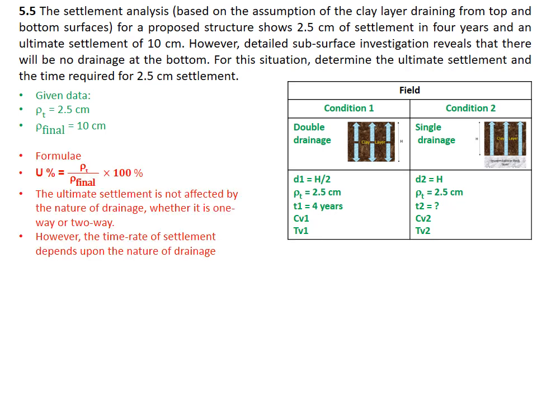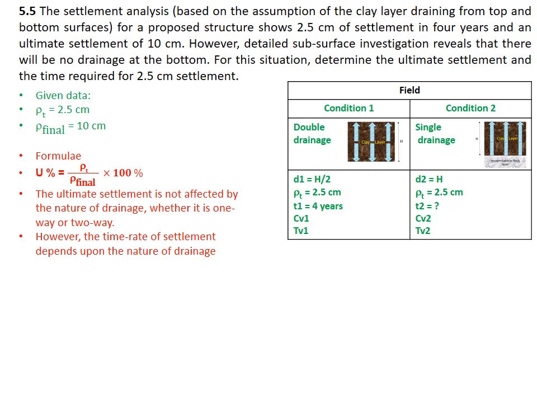Now this formula will only come after a proper understanding of this concept. The degree of consolidation U is nothing but the settlement at any time T upon the final settlement. Now these two lines are very important. The first one is the ultimate settlement is not affected by the nature of drainage, whether it is one way or two way.